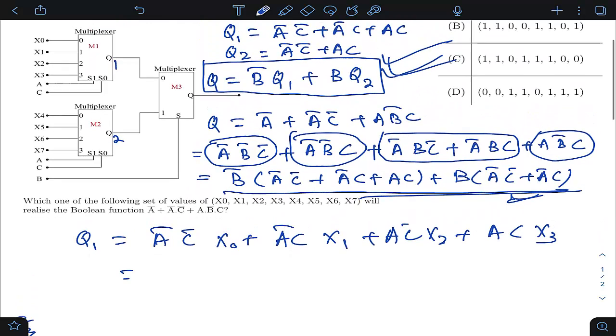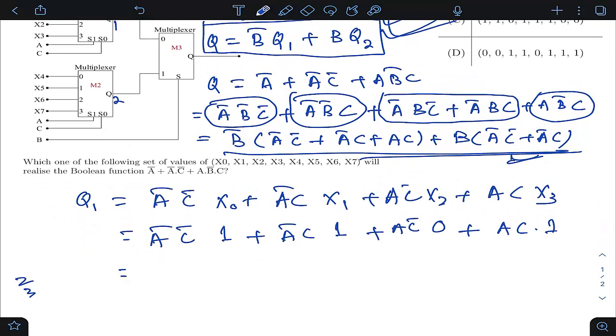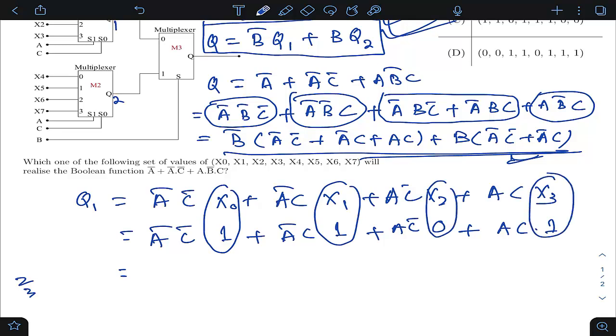We expect Q1 to be A bar C bar plus A bar C, and you don't get anything with respect to AC bar, then you get AC. So that means X0 is 1, X1 is 1, X2 is 0, and this is also 1. So X0 is 1, X1 is 1, X2 is 0, X3 is 1.